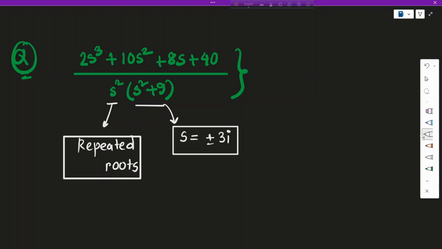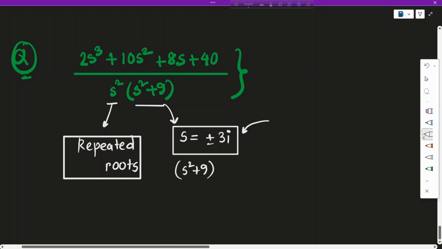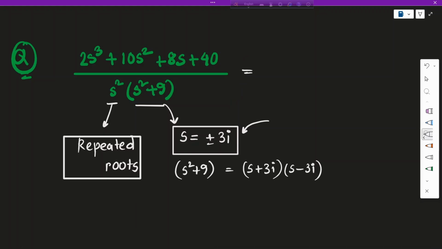First of all, we have found that the complex roots of s are plus minus 3i. So we can easily say that s squared plus 9 can be written in this pattern, right? There is no objection whatsoever. So we can easily write this gentleman right here as something like this. The numerator stays the same. The denominator, however, is going to change like this, right?